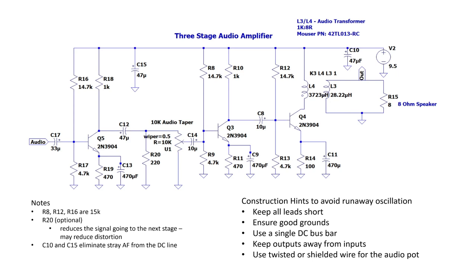If you don't have that printed on your particular transformer, and you don't know which side is which, just use a regular ohm meter and check the DC resistance across one side and then across the other side.